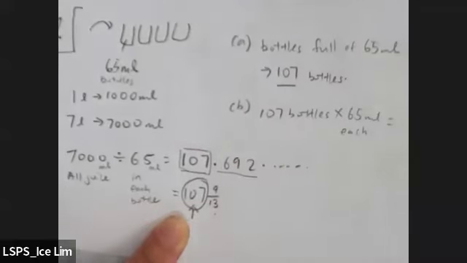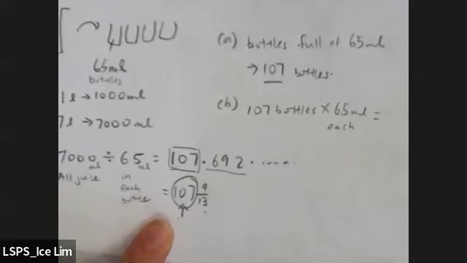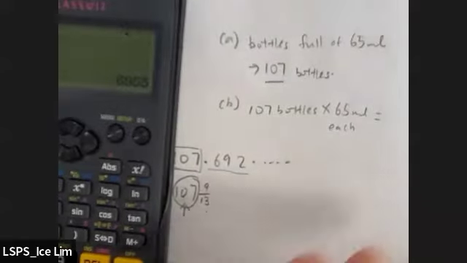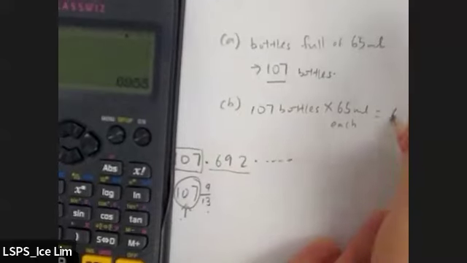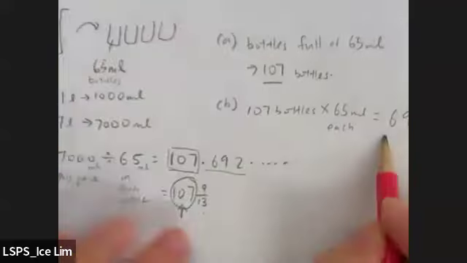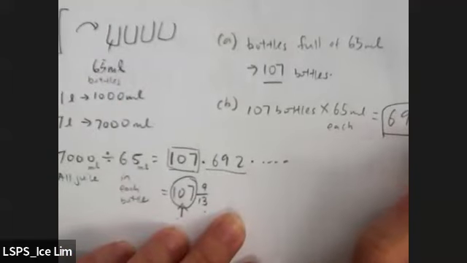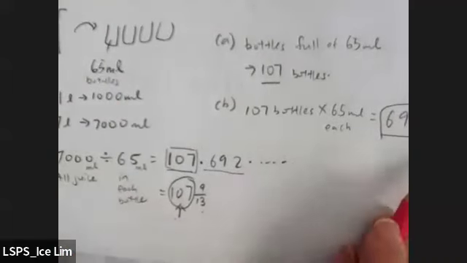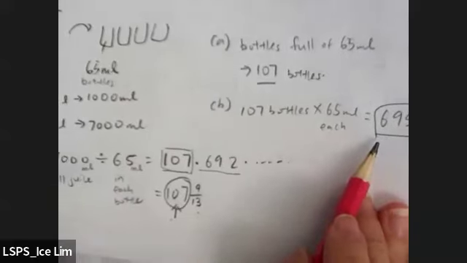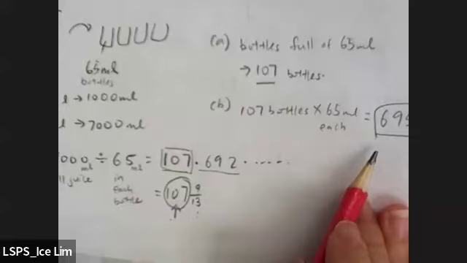What would this answer be? 107 multiplied by 65 in my calculator gives me 6,955 milliliters. Now, what does this mean? This is the amount of fruit juice that went into the bottles. Can you understand what I'm saying?